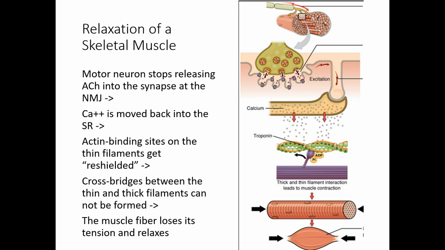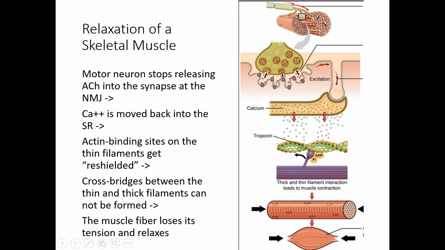Now, one more thing for this chapter: relaxation of a skeletal muscle. How does it happen, what causes the muscle to relax? When we are not planning to use our muscle for a while, electrical signals are not arriving anymore, and the neurotransmitter acetylcholine stops being produced into the synaptic cleft.